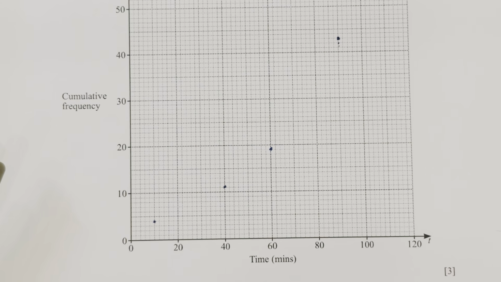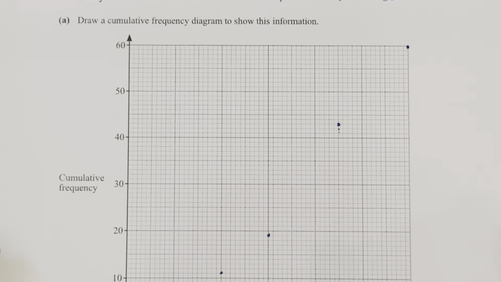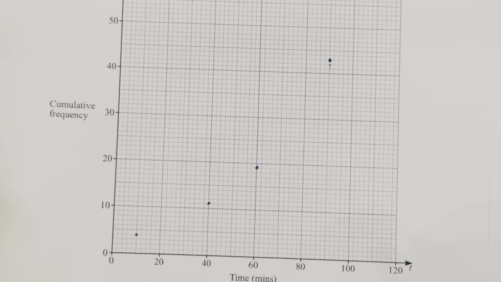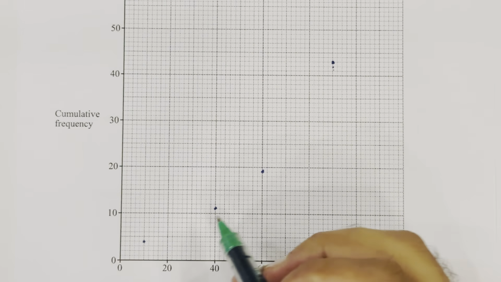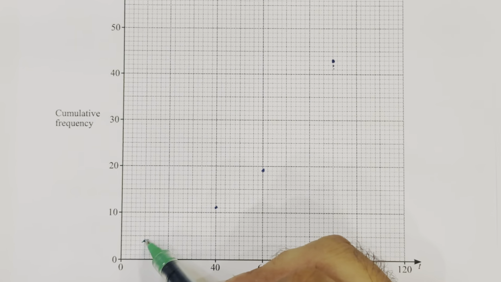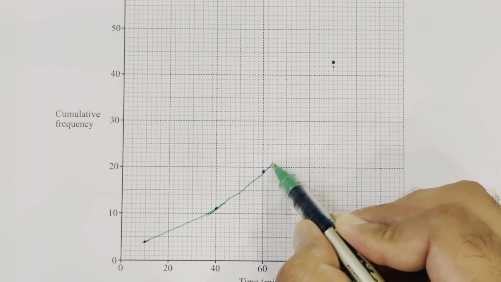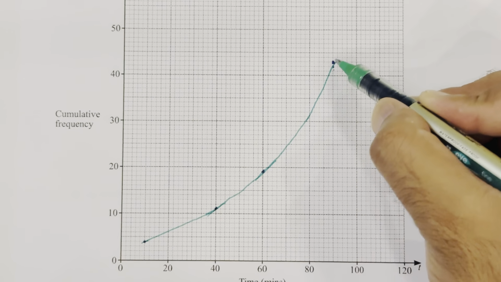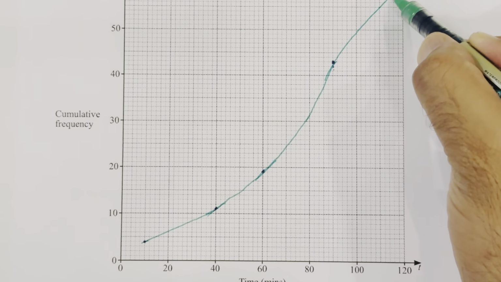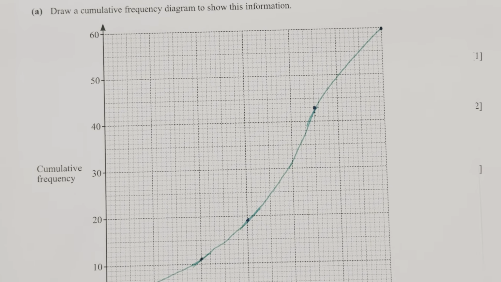And for 60 the value is 120, so it would be like that. Now you need to draw these lines, join these points freehand. You need to cover all these points. So this would be our diagram for it.